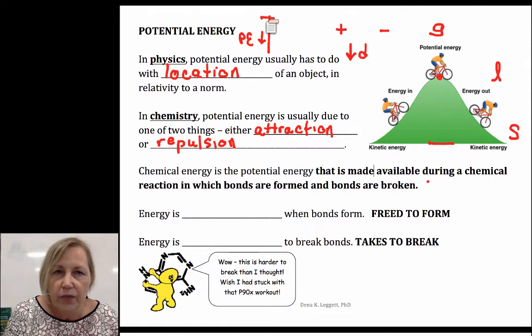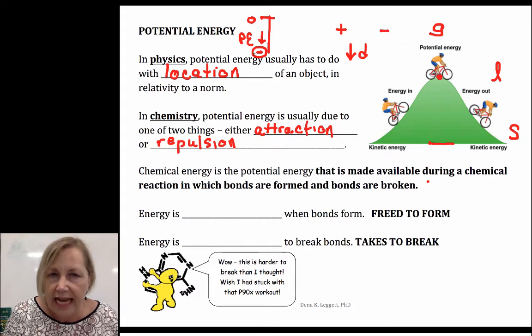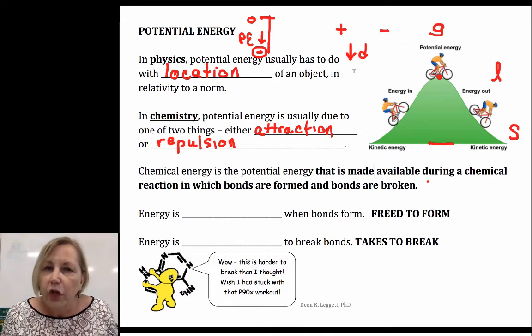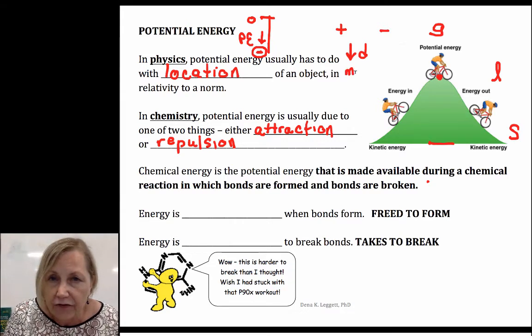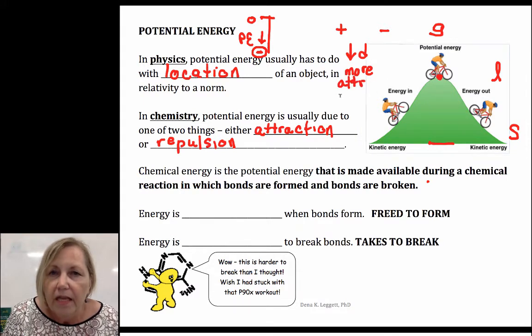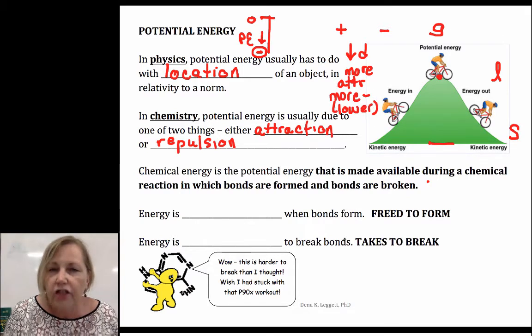If this was 0, we would be making it more negative, because a positive times a negative is a negative. So as we decrease the distance, the closer they are, the more attraction we have, so the more negative or lower the potential energy.